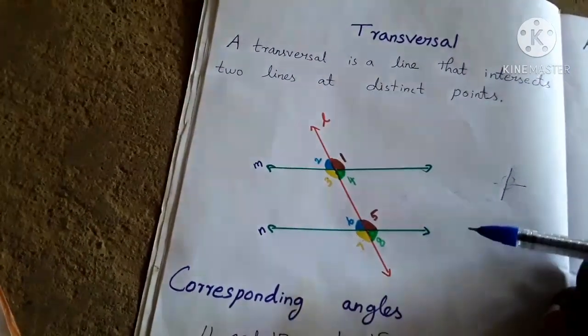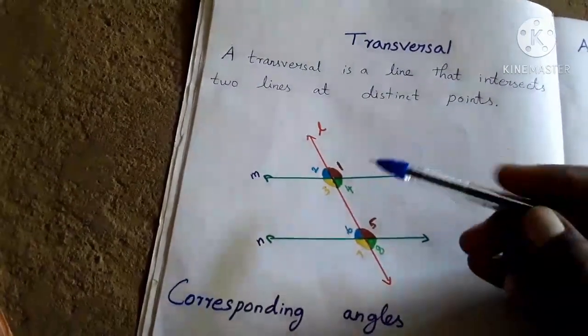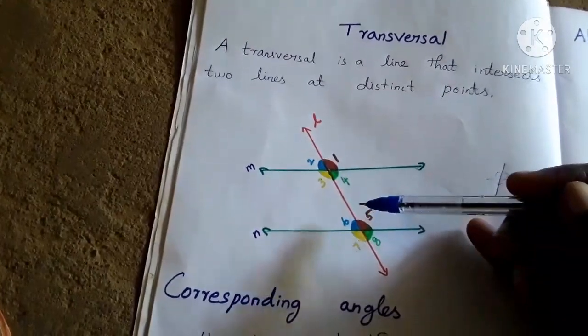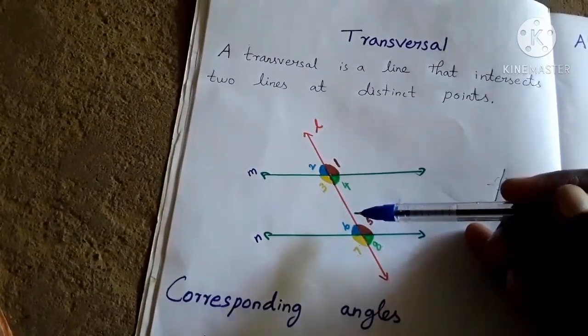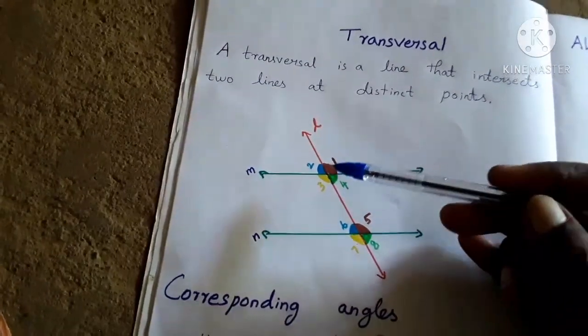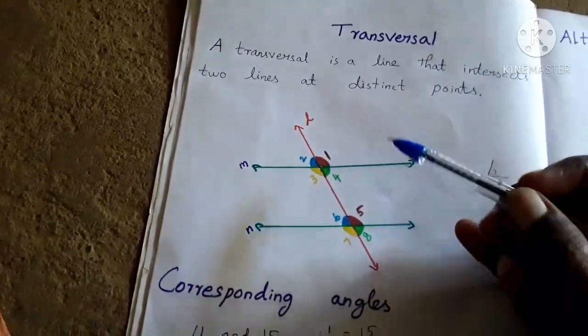Angles 3 and 6, 4 and 5 are same side interior. Angles 2 and 7, 1 and 8 are same side exterior.